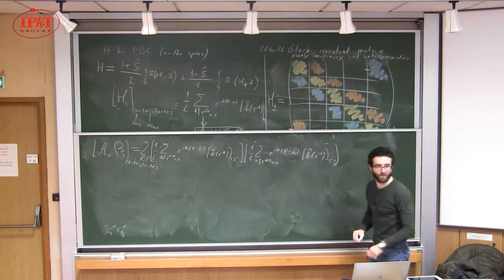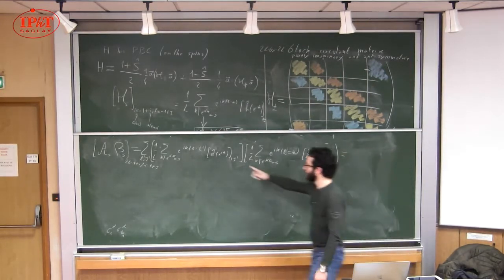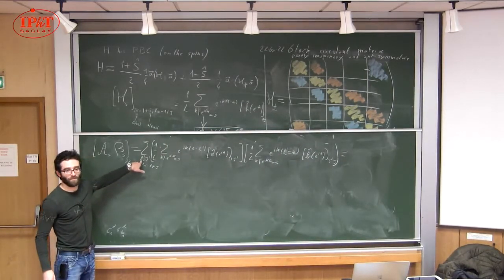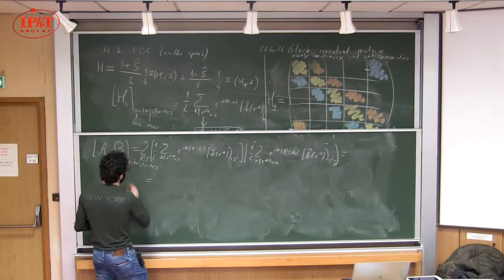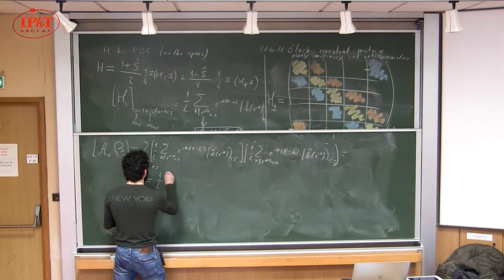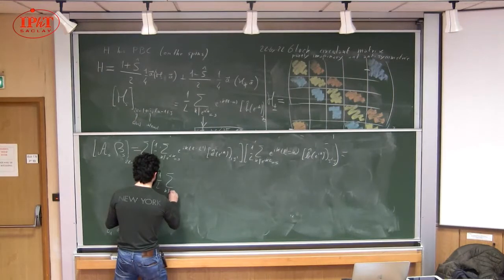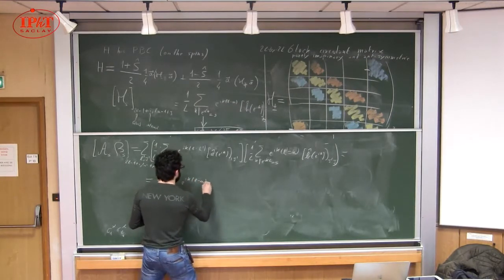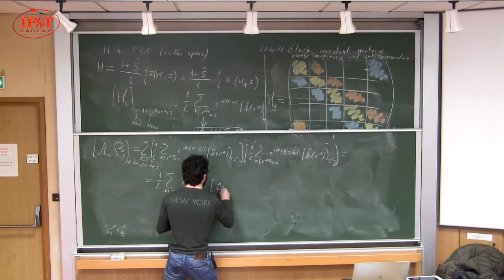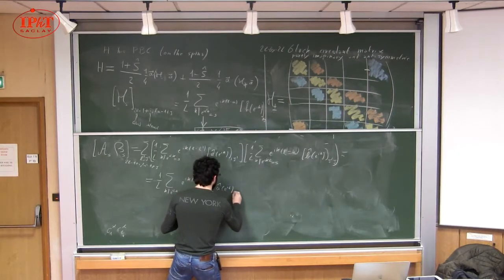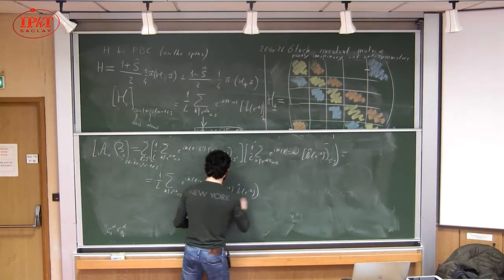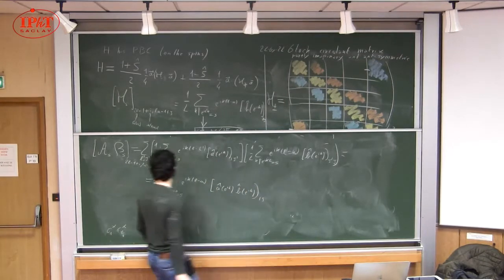This is what you have to compute, and then what you find, simply, by summing first over l prime, is equal to 1 over L sum over k of e to the i k (l minus n), A of k B of k, the product of the two matrices, i j.